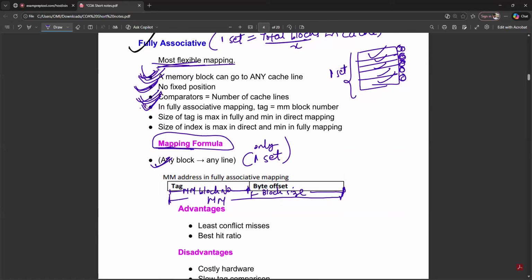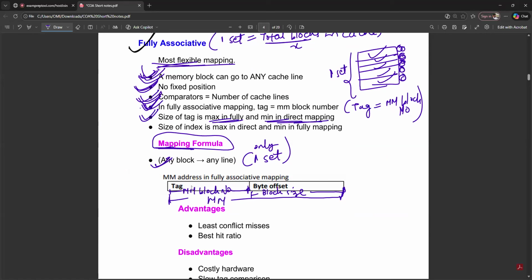So here in fully associative, tag is equal to main memory block number.